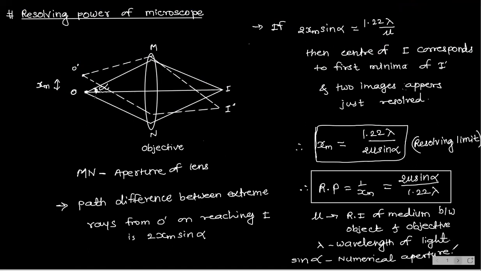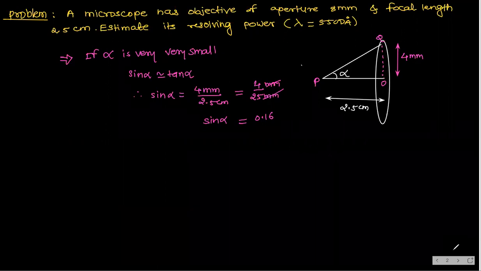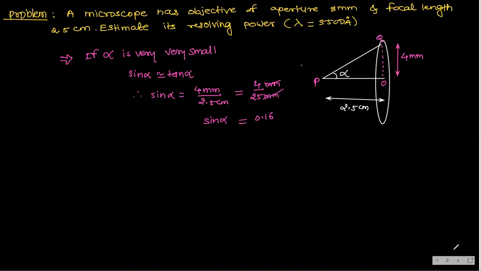Resolving power formula is 2 mu sin alpha by 1.22 lambda. Right? Yes. So can you do it now? Mu is for air. Can you do it yourself? Yes or no? Tell me. Can you do it yourself?